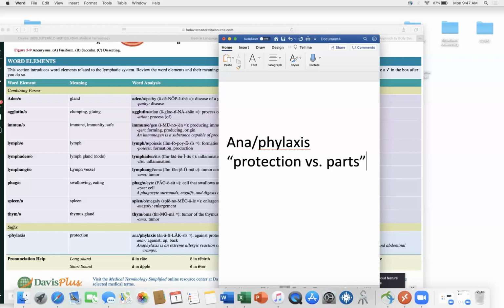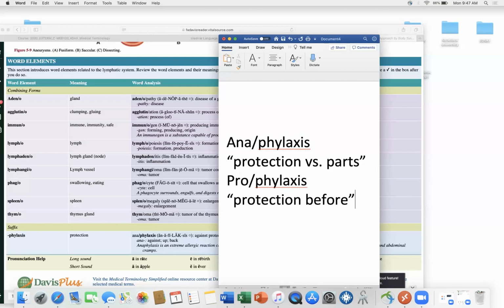And that anaphylaxis is an emergency situation, and you need an epinephrine pen or an EpiPen available immediately to counteract the severe immune response. Another word that's really common as well, you'll see this word prophylaxis, and the prefix pro means before, so it means protection before.